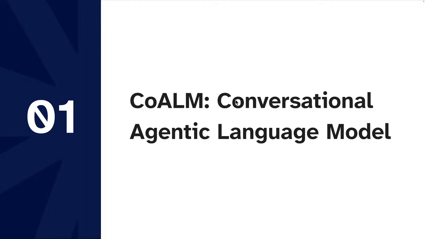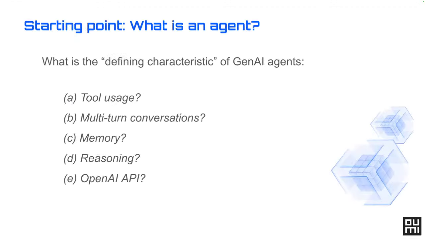Let's talk about this piece of open science research by Oumi on conversational agentic language models. I wanted to start off by asking you folks a question: what is the defining characteristic of a generative AI agent? Feel free to add your thoughts to the live chat. There's no right or wrong answers.